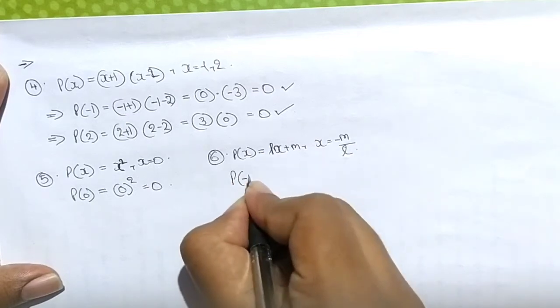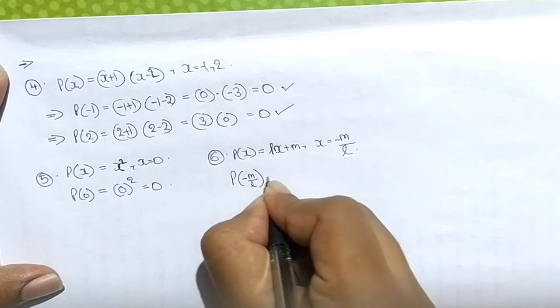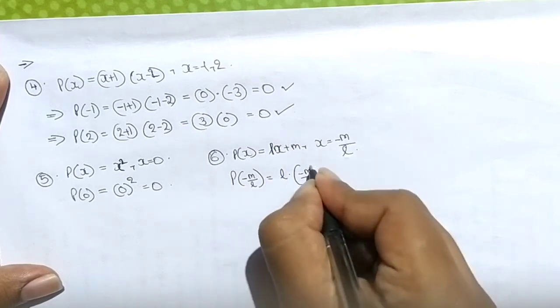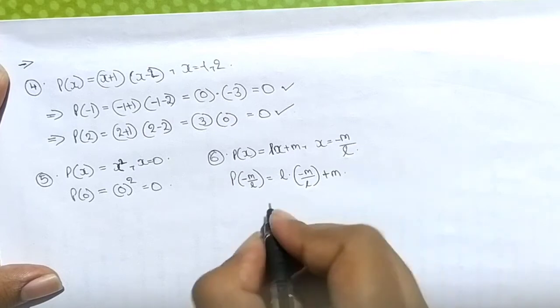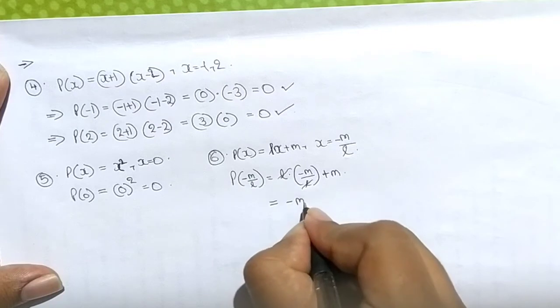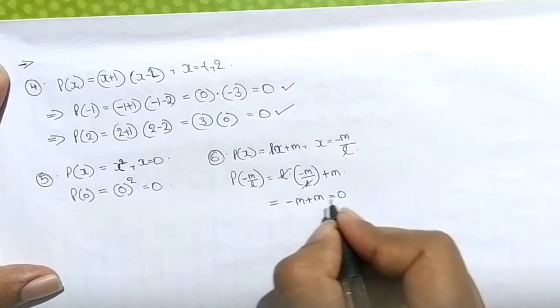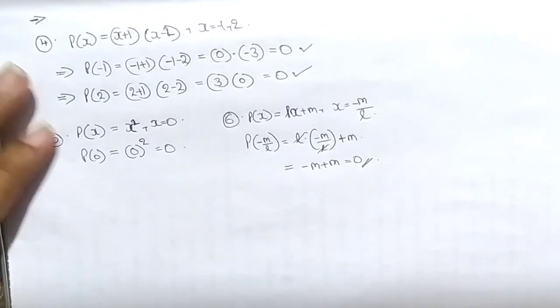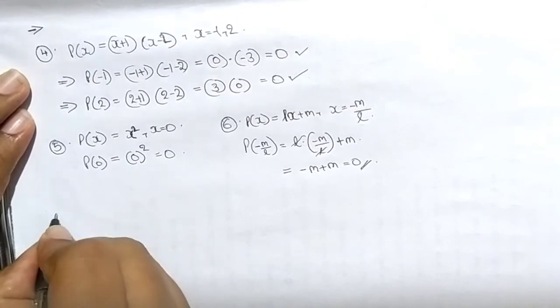X value is indicated as minus m by L. Substitute L into minus m by L plus m. L and L going to cancel, we are left with minus m plus m. This gives you 0, hence this is a 0 of a polynomial. So simple questions they have asked for you.